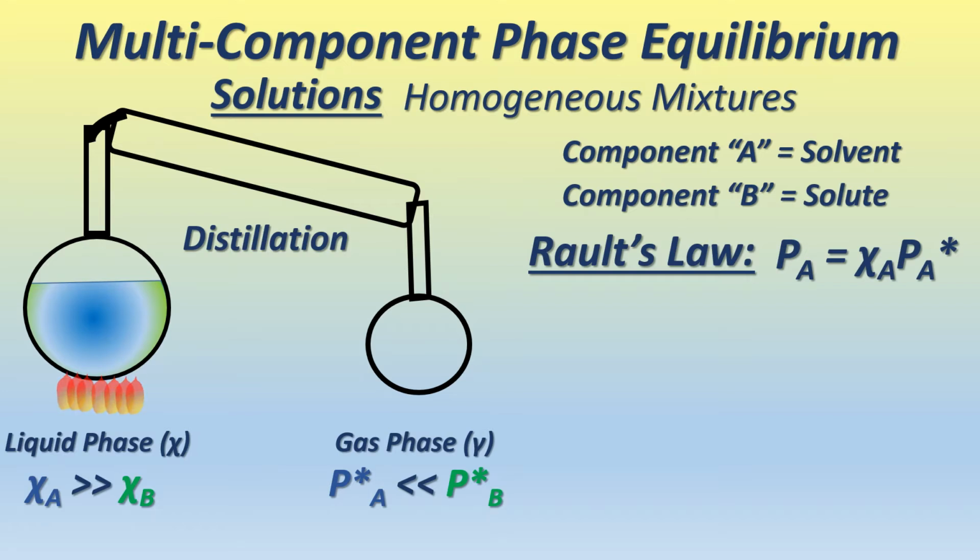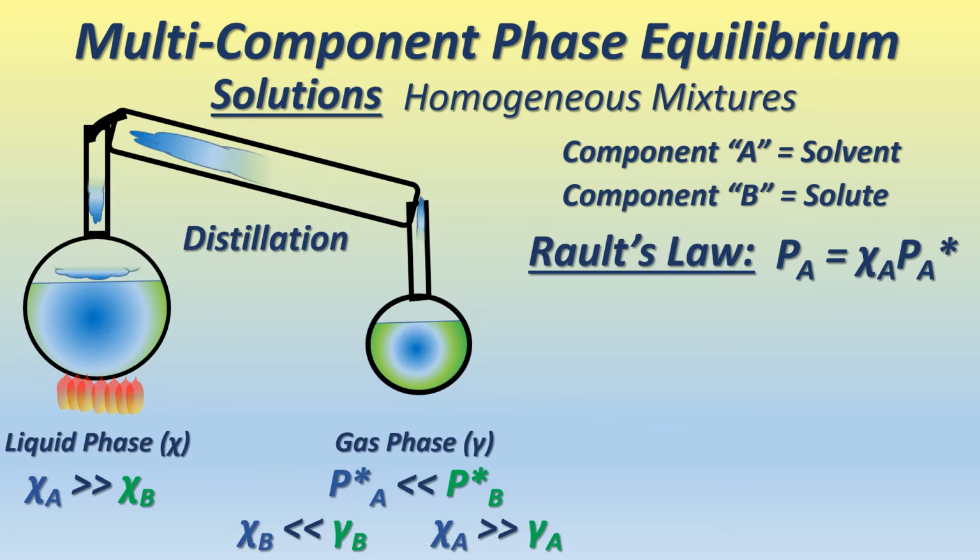So what will occur when I do the distillation? In the receiving pot, the fraction of B will be much higher than it was initially, and the fraction of A will be much lower than it was initially, where the italic y is used to distinguish the mole fraction in the gas phase.